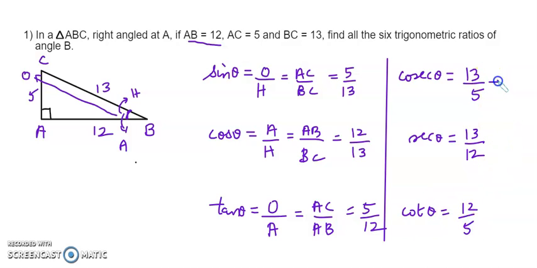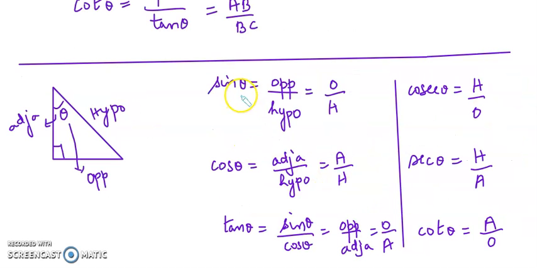So if you look into the figure, this is hypotenuse upon opposite, this is hypotenuse upon adjacent, and this is adjacent upon opposite. Now the thing is, I've taken the angle as theta, and they are saying angle B. So if you are going to write theta, then label B as theta in the figure. Or you can take capital B. So sin B, cos B, tan B, cosec B, sec B, cot B. Again, a quick revision. Sin theta is opposite upon hypotenuse.